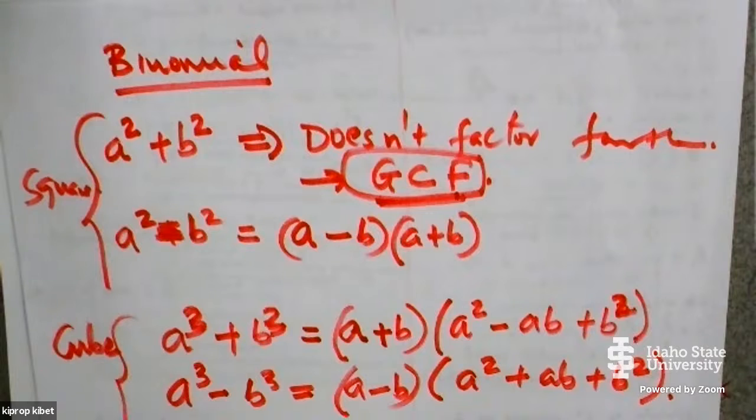So the first thing is you look for the GCF. After getting the GCF, if it is positive, then you just leave it like that. If it is negative, then you factor it like this. If it is a cubic, then first you get the GCF, then you use the patterns for the cube.